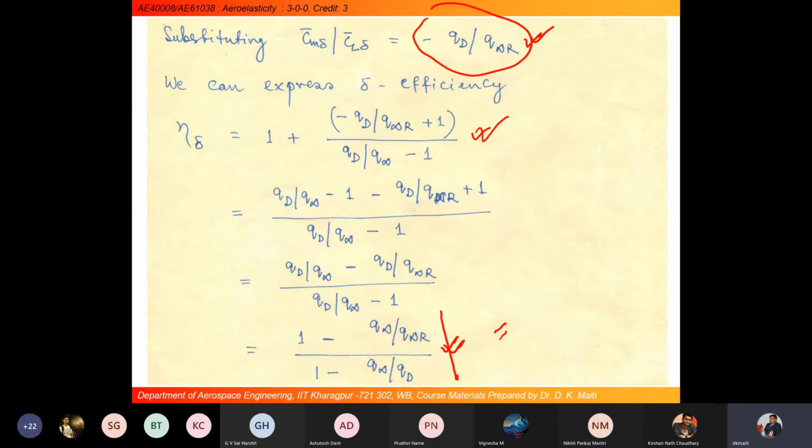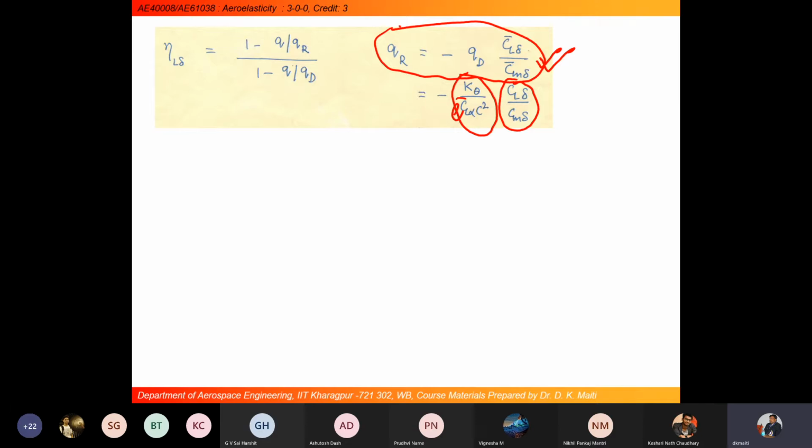Now we can have two different conditions, so finally I have shown it here.